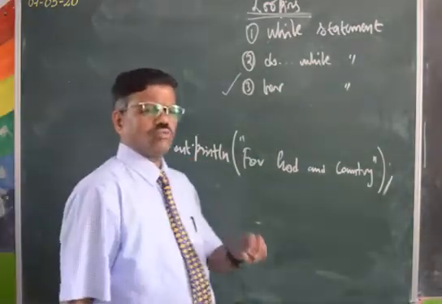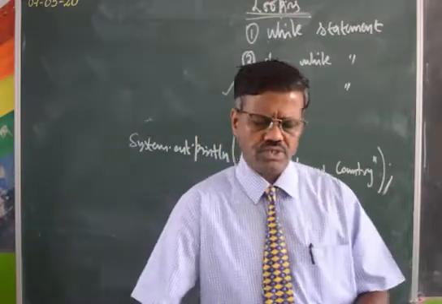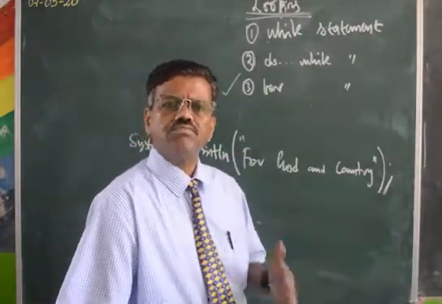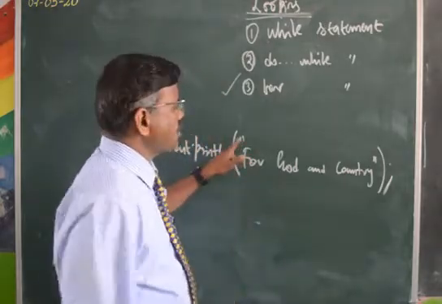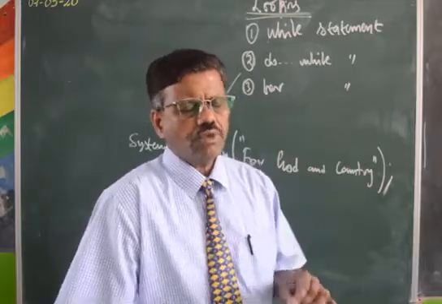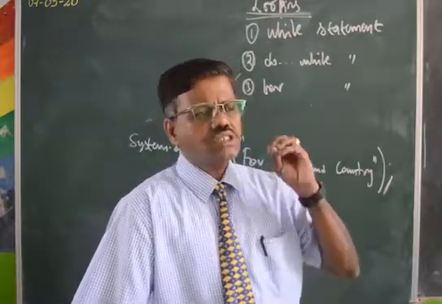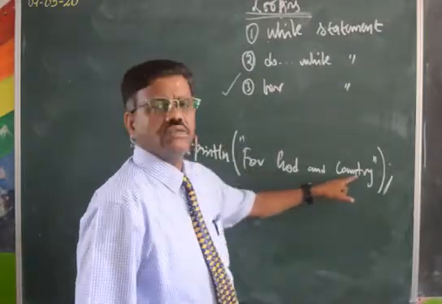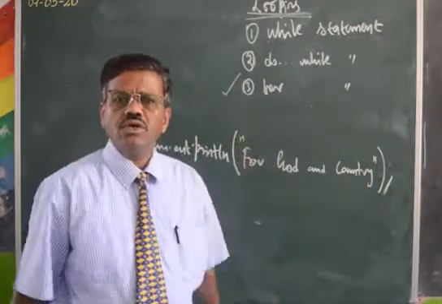System.out.println means whatever may be your default output device. Most of the occasions, our default output device is the monitor. What did I give within double quotation marks? Whatever has been given within double quotation marks will be displayed as it is. What did I give? For God and country will be shown on your monitor.